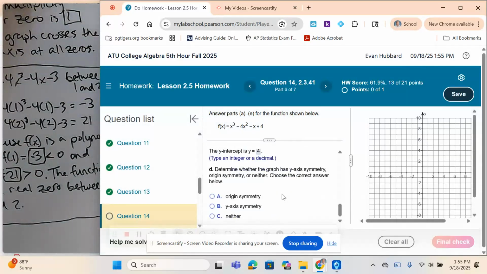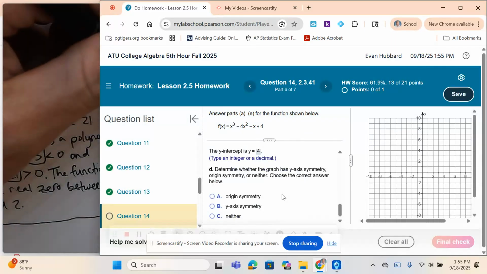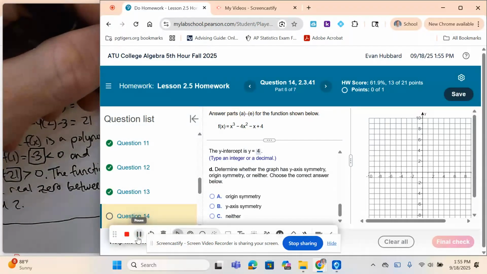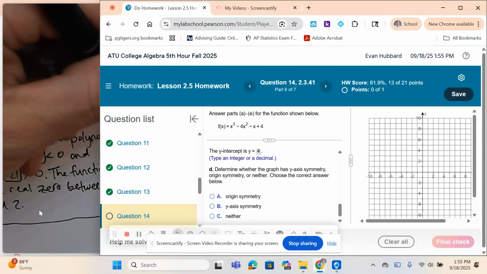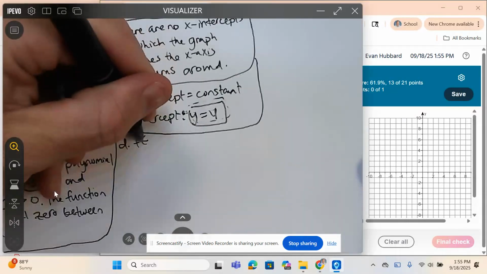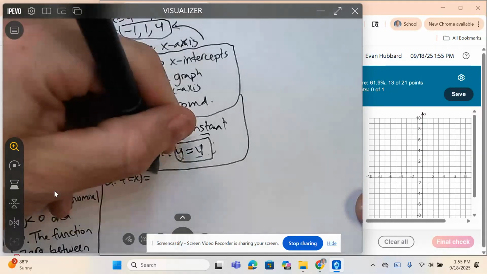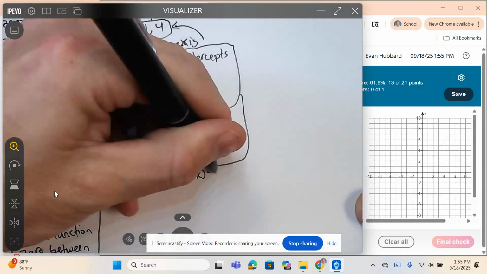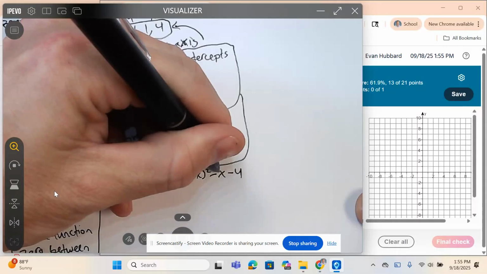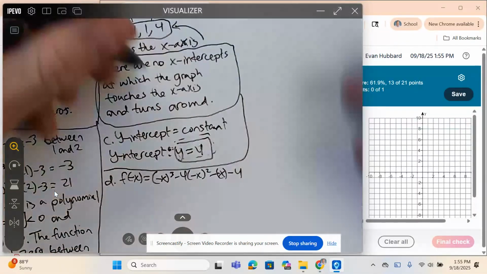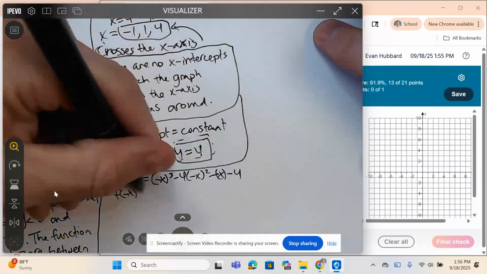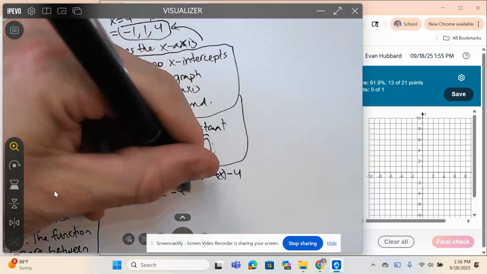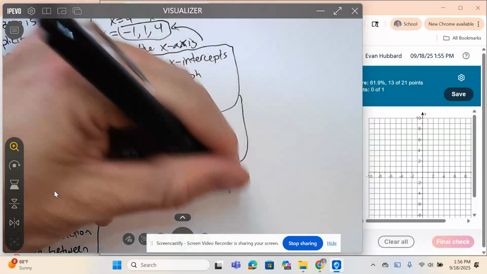All right, determine whether it has symmetry. So on this one, I have to find f of negative x, which would be negative x cubed minus 4 times negative x squared minus negative x plus 4. So f of negative x is equal to negative x cubed minus 4x squared plus x plus 4.